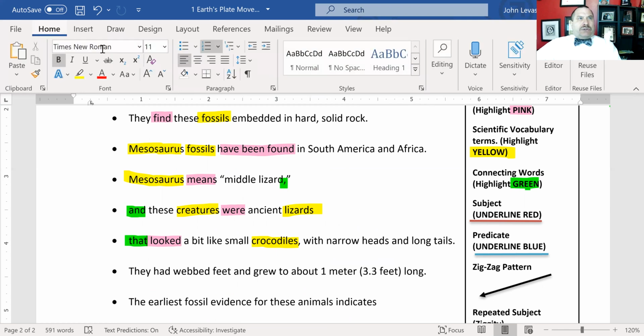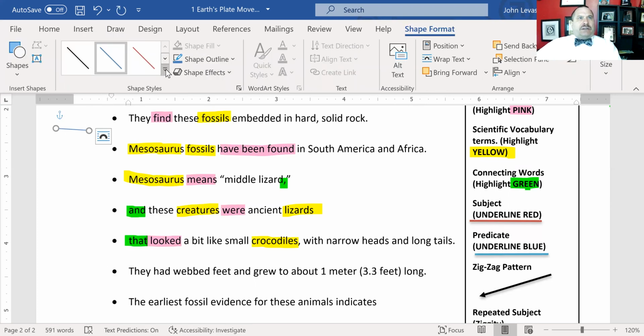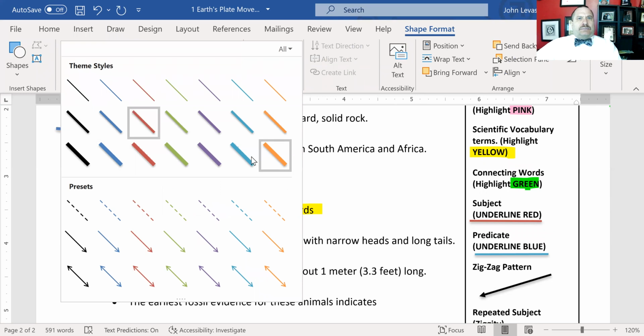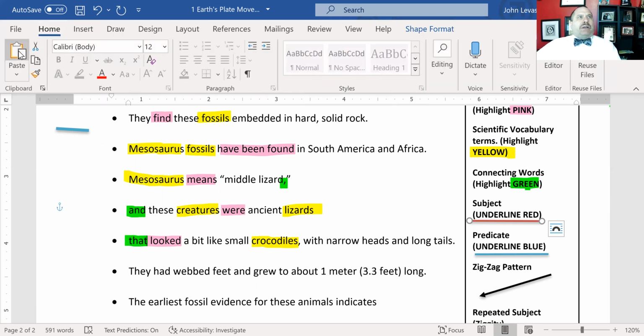What I'm going to use, I went to Insert, Shapes, and then I made a line, and I changed those line colors. So for example, I can make a red line or I can make a blue line. And I've just left a red line and blue line here for you. So you can just copy that line, go to Home, copy, paste, and then you have another red line.